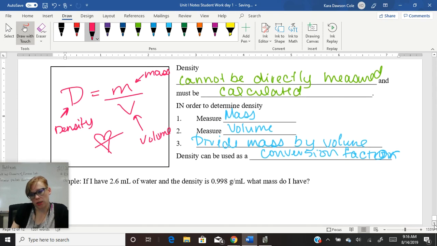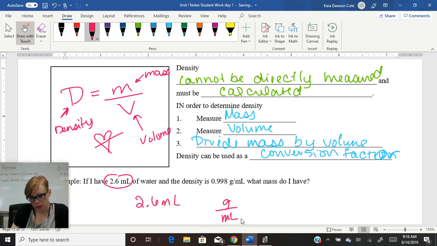So using this as a conversion factor, if I have an example of this: if I have 2.6 milliliters of water and the density is 0.998 grams per milliliter, what mass do I have? So again, I'm given this number. Okay, so I've got 2.6 milliliters. Now, my density is grams per milliliter.